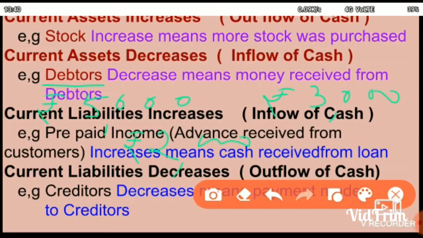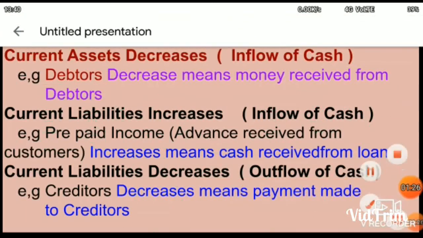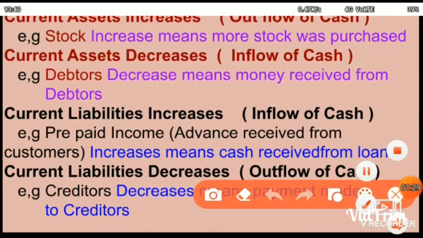Now we assume that the business has received more cash from the debtors during the year. As a result of that, there is an inflow of cash of rupees 2,000 into the business during the year. So if current asset decreases, we assume that there is an inflow of cash. Now, if current liabilities increase, there is an inflow of cash.